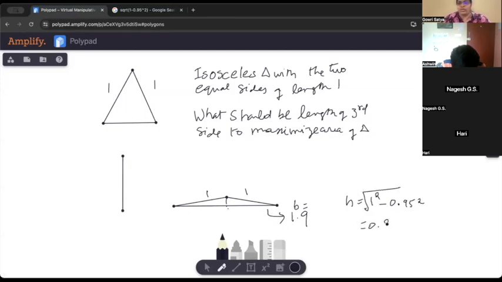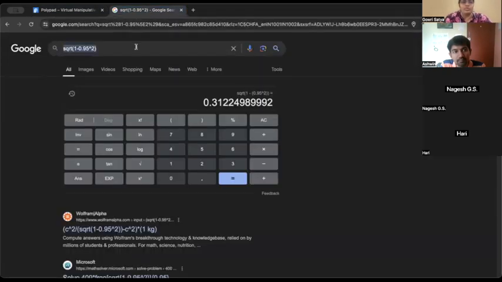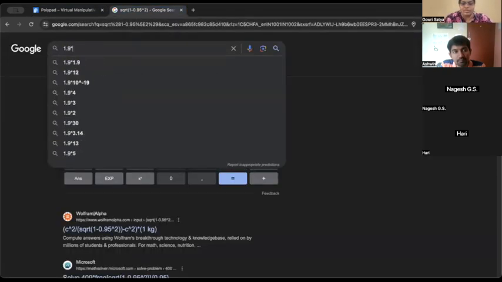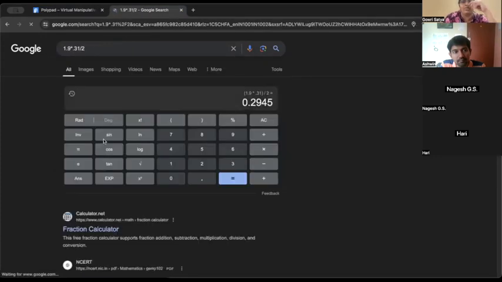That is 0.31. So the area would be 1.9 into 0.31 by 2. That is 0.2945.